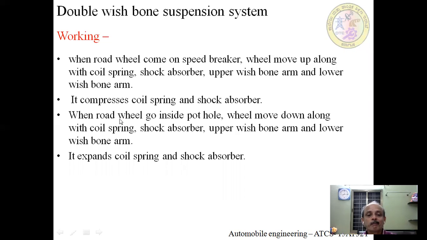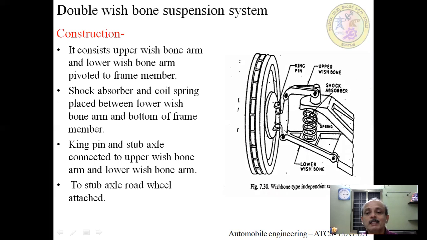Next, when the road wheel goes inside a pothole, what happens? The wheel moves down along with the coil spring, shock absorber, lower wishbone arm and upper wishbone arm. All will move downward.